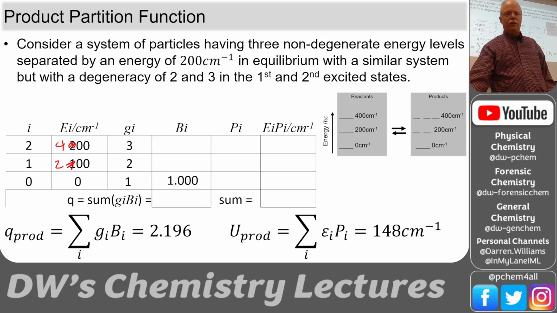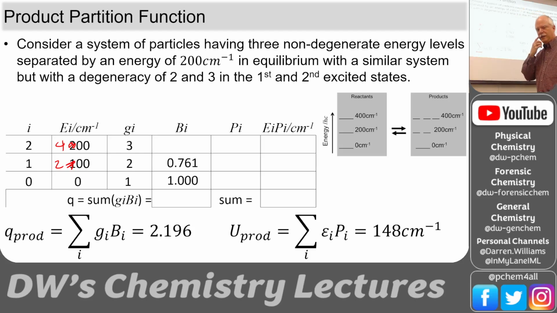So we get 1 for the ground state for that Boltzmann factor, 0.761, because remember before it was like 0.37 or something like that. And so we've doubled it. So the e to the minus 1 was 0.3 something, and this is 0.7 something because we had to multiply by 2.